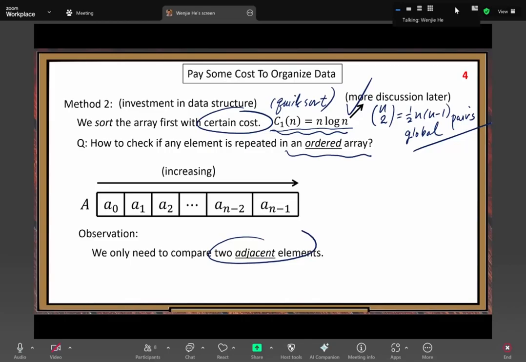Here I can ask you, how many adjacent pairs? The pairs formed by two adjacent elements. So can you tell me that number? Do the counting. Count quickly. Adjacent pairs.